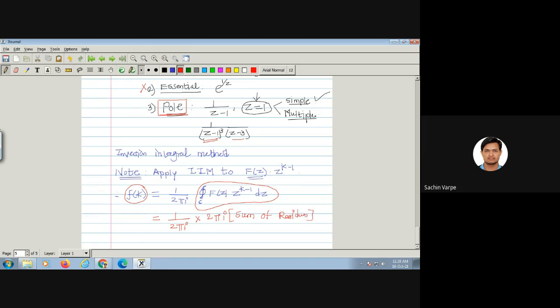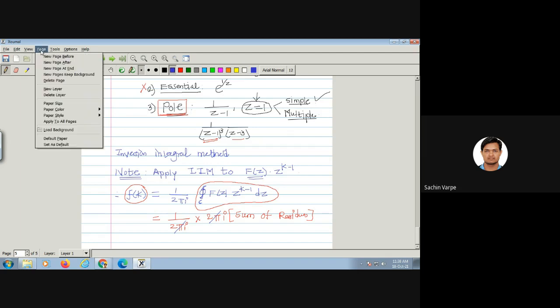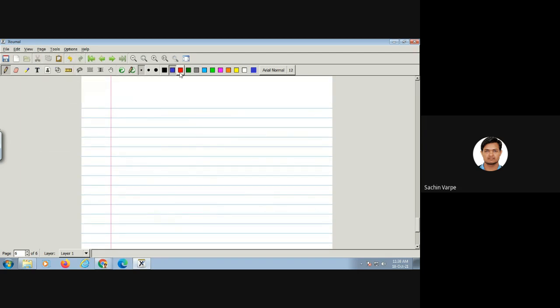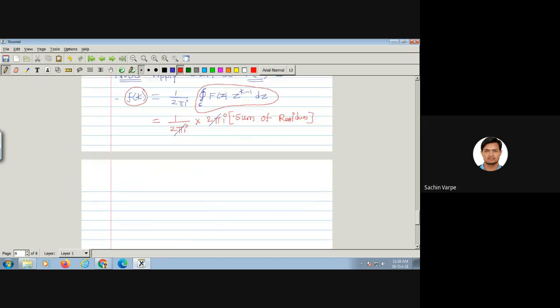So this 2 pi i will get cancelled, and I'll get the formula: inverse Z transform f(k) equals the sum of residues, simply the sum of residues.